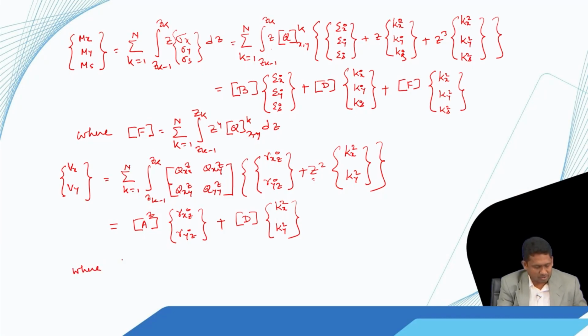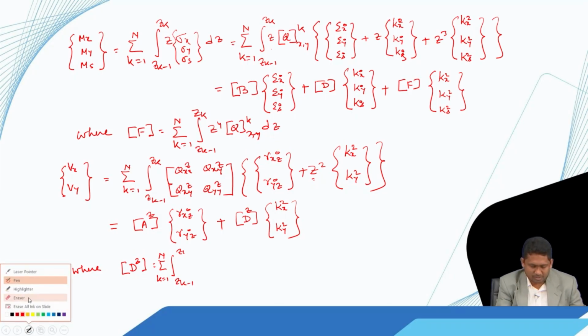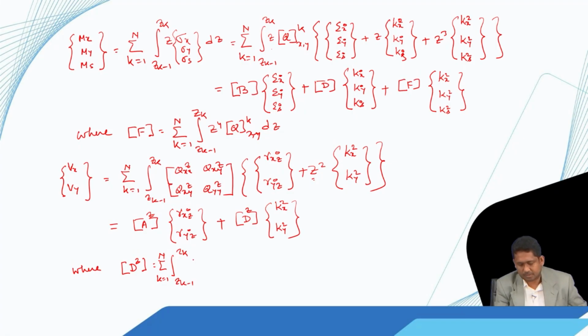So, we have a new matrix called D with a superscript z, and that D matrix is equal to summation k equal to 1 to n, integral from zk minus 1 to zk of the Q matrix with respect to xy for the kth layer, and this is qz.